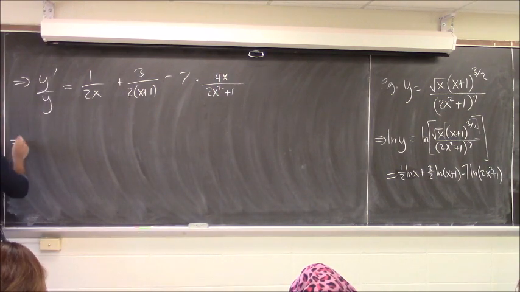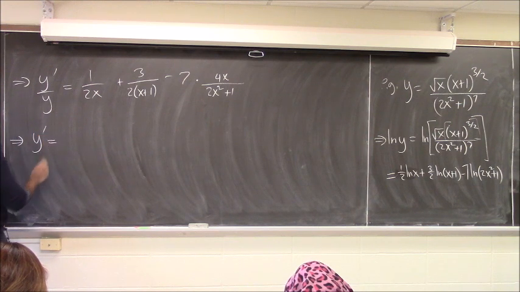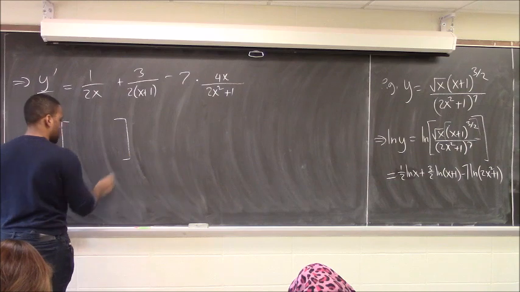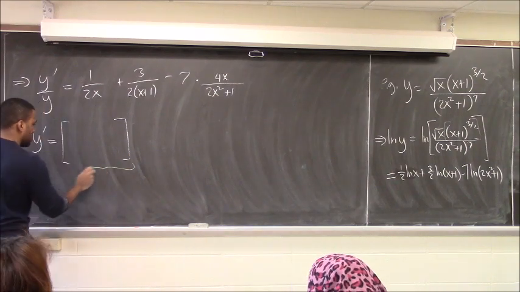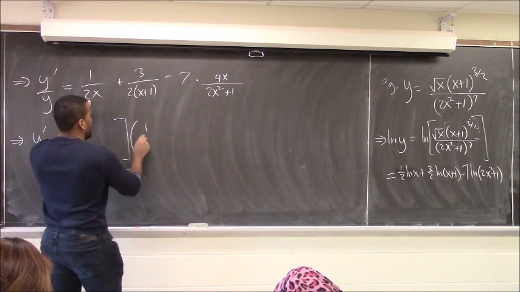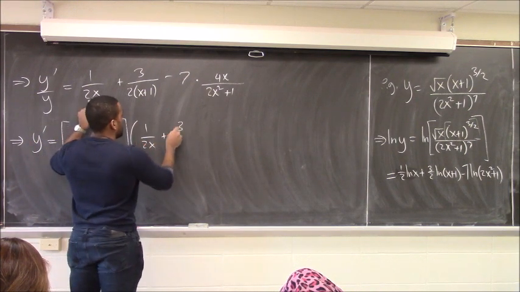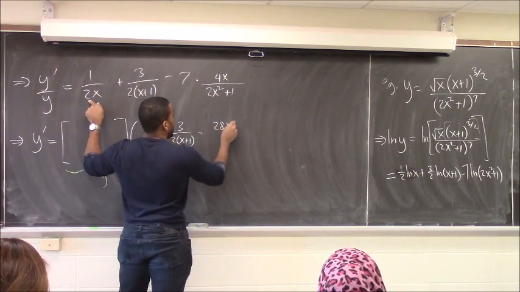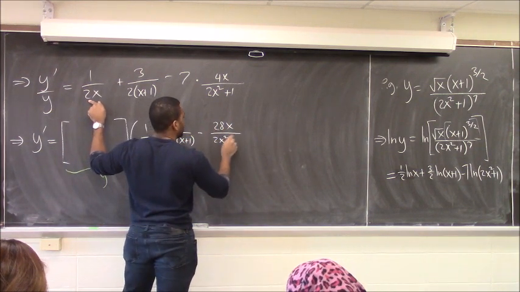And so this would mean our derivative is, I'd move the y over, so it's the original function, y times this guy, 1 over 2x plus 3 over 2x plus 1 minus 28x over 2x squared plus 1.